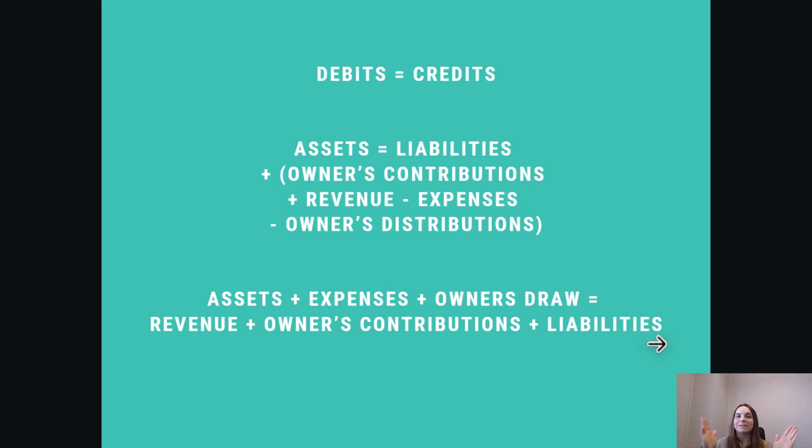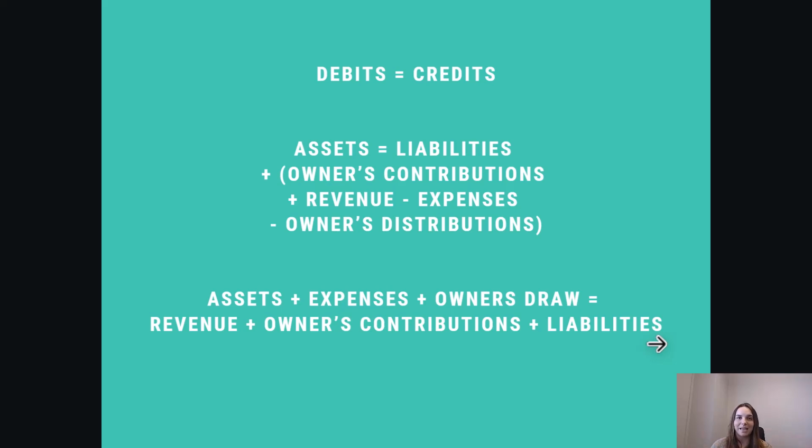Our accounts with a normal debit balance are increased with debits and decreased with credits. Our accounts with a normal credit balance are increased with credits and decreased with debits. So if you have a normal debit account, you increase it with a debit. If you have a normal credit account, you increase it with a credit.